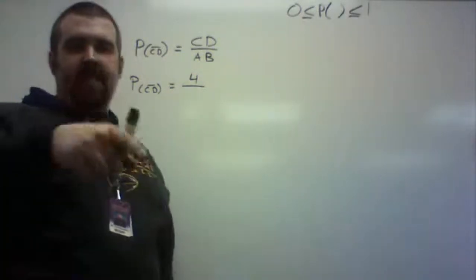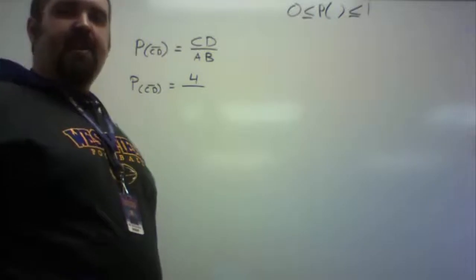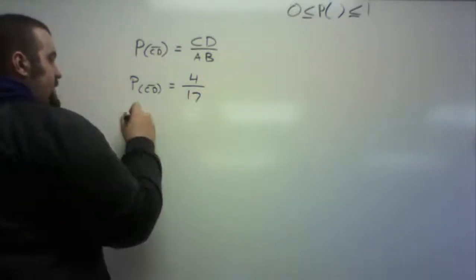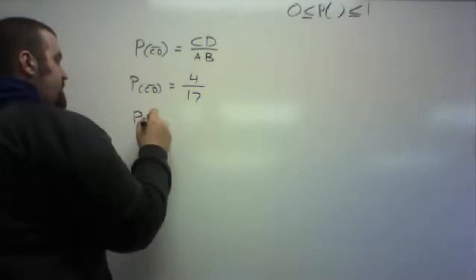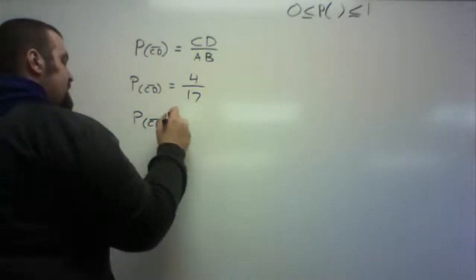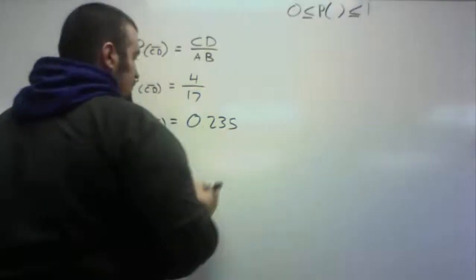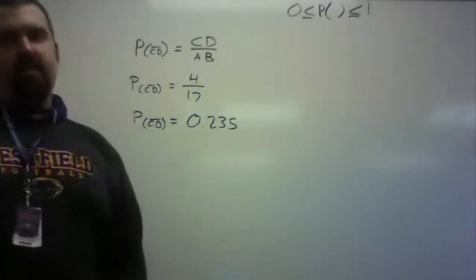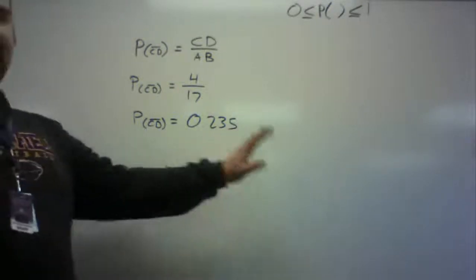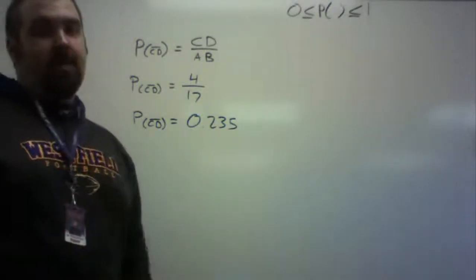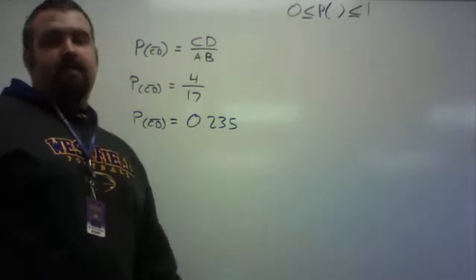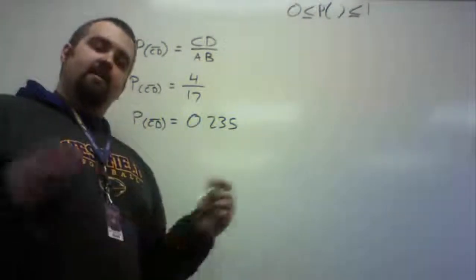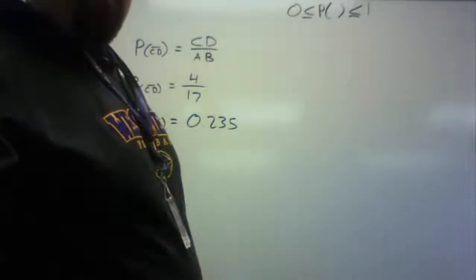Segment AB goes from -8 to 9, so 9 minus -8 is 17. So the probability that it's going to land here is 4/17, or, when plugged into a calculator, 0.235. It has a very low likelihood of happening. It's more likely not to happen than it is to happen. And that's what this is for. We're just trying to see the likelihood of an event happening over a certain region.